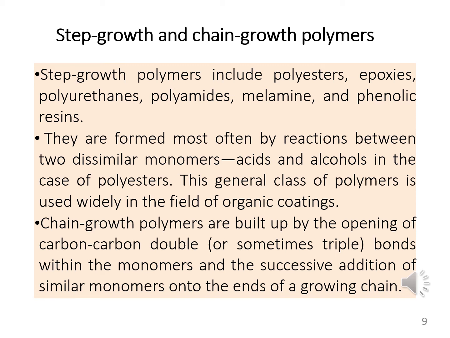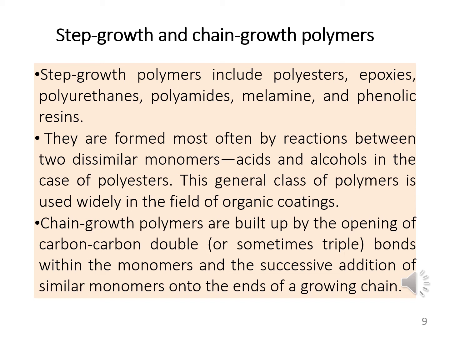So, step growth polymers are formed by the reaction between two dissimilar monomers, by the reaction between acids and alcohols in the case of polyesters.